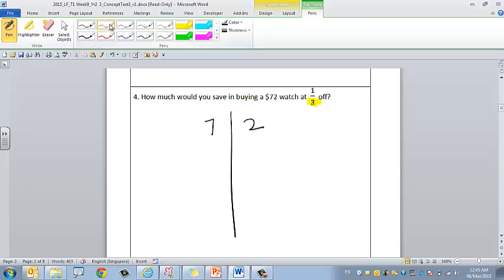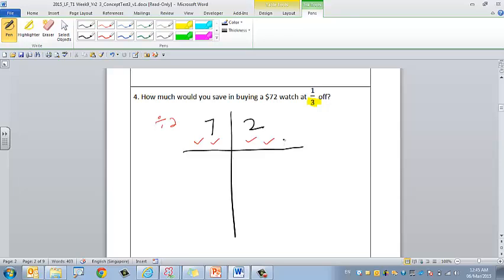Okay, then we write the divide sign. So divided by 2. So how many ticks must we put? So we need to put 2 ticks. 1, 2. Here, 1, 2. Okay, then next step, we will draw the line.